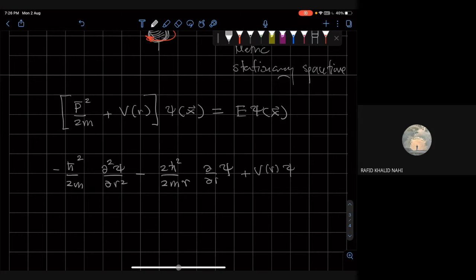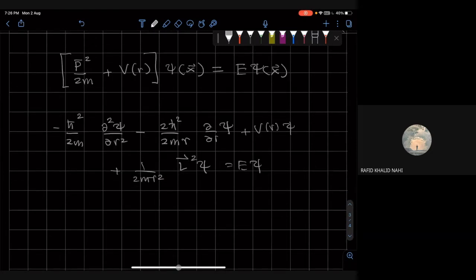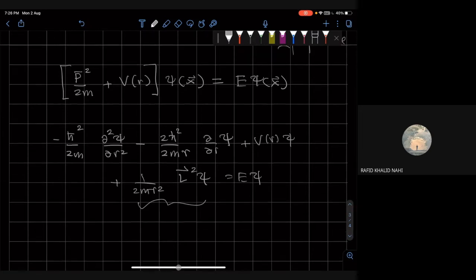And then we have plus 1 over 2m r squared, L squared psi, equal to E psi, okay? So I have just taken the L squared away from the rest of the terms. Now, we can do some simplifications, see that these two factors of 2.